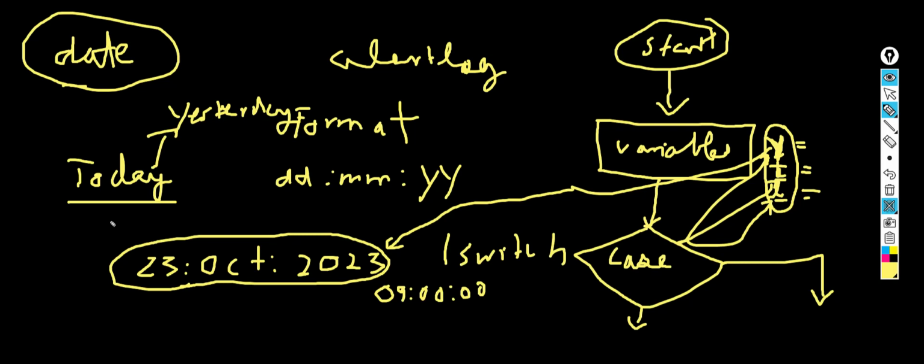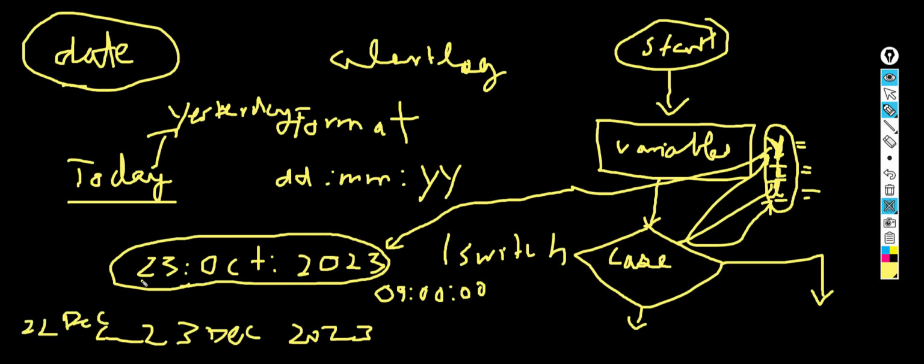So if my date changes to 23 December, then my yesterday's date would be 22nd December, right? So likewise, if it is 23rd October, then it will be 22nd October. So the date keeps on changing, and so does the variable.